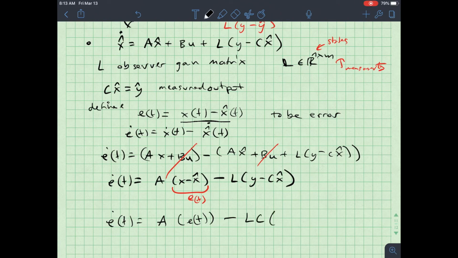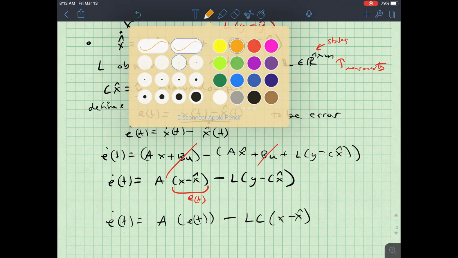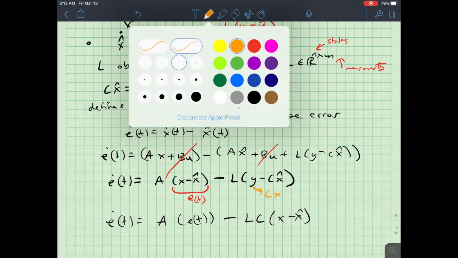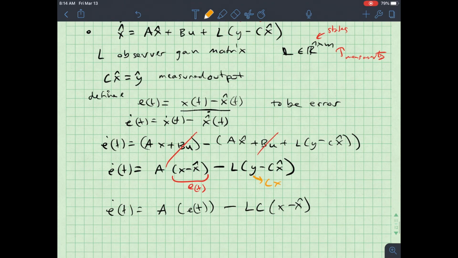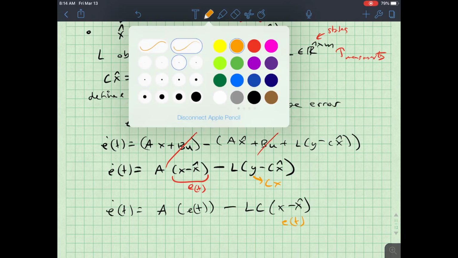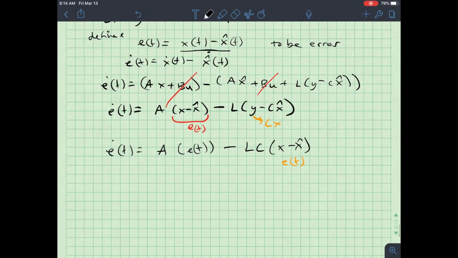If you don't see where that came from, y is just equal to Cx, right? So what that means is that this is also E of t down here. And so I've got that E dot of t is A minus LC times E of t. So this is the dynamics of the estimation error.